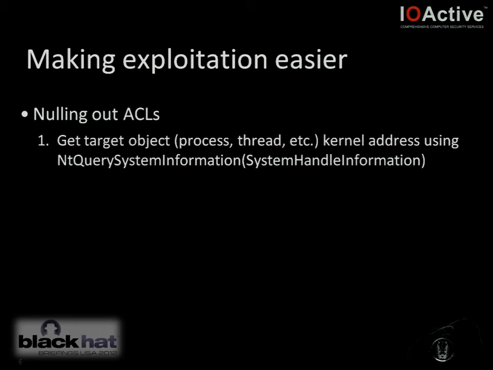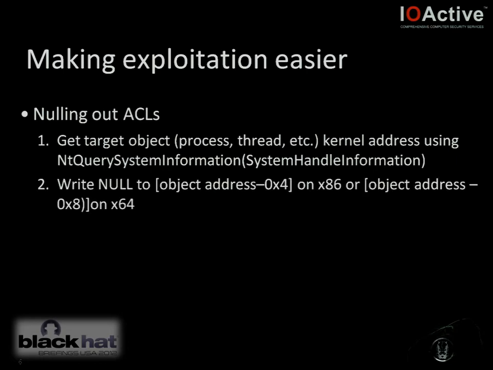So let's see this trick in 3 easy steps. First, what we have to do is to get the target object we want to set the ACL to null. It could be a thread if we want to modify the thread, or it can just be a process. So we get the kernel object address using NtQuerySystemInformation. So we subtract 4 or 8, depending on the architecture, and write null there with our exploit.